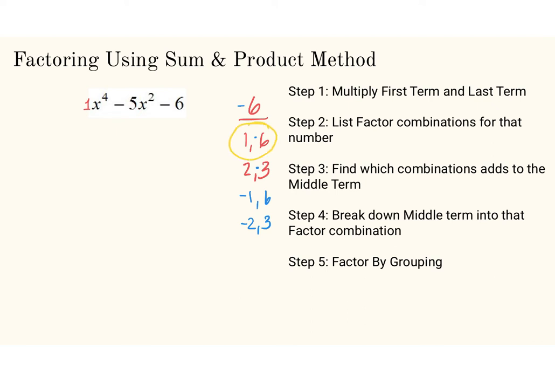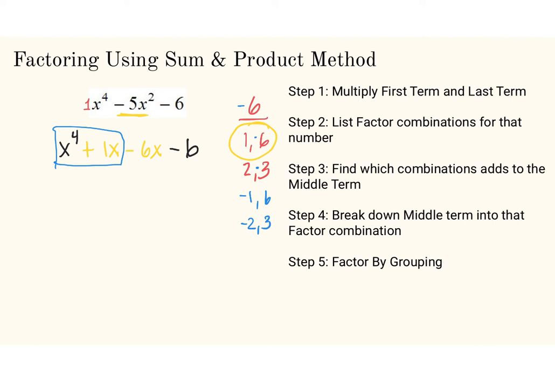Well, 1 and -6. So now I can break apart that middle term into its factors. So I'm going to have x to the 4th, and then I'm going to have positive 1x minus 6x minus 6. And then I can factor by grouping.